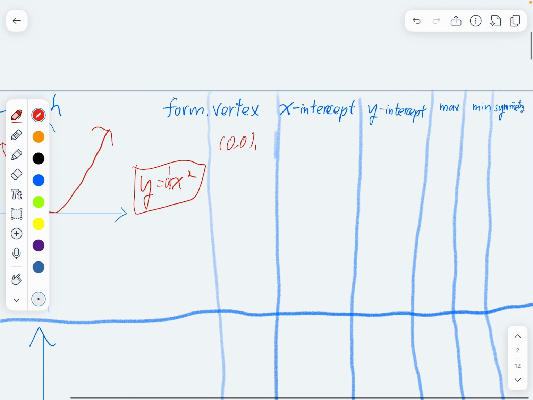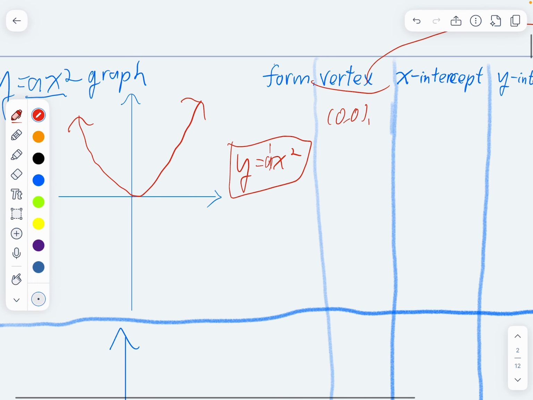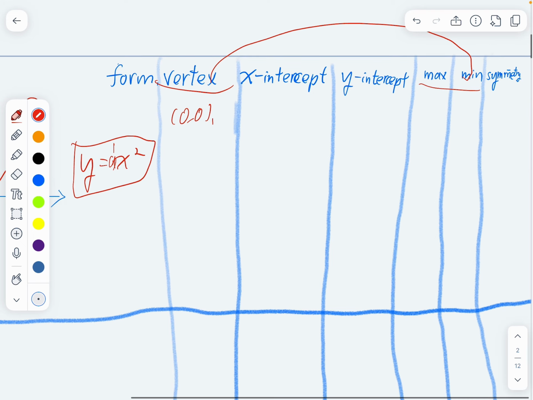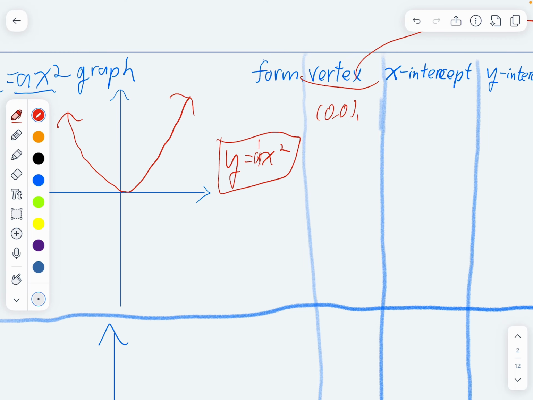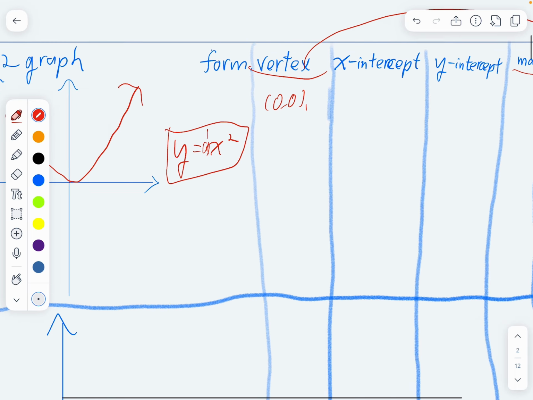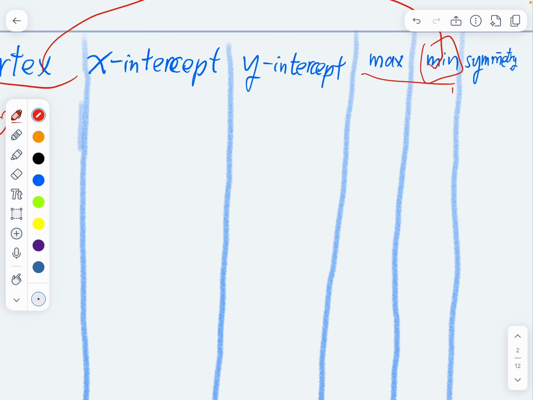This graph opens upward, so the vertex is the minimum point. If the graph opens downward, the vertex is the maximum point. So the minimum point is (0, 0).